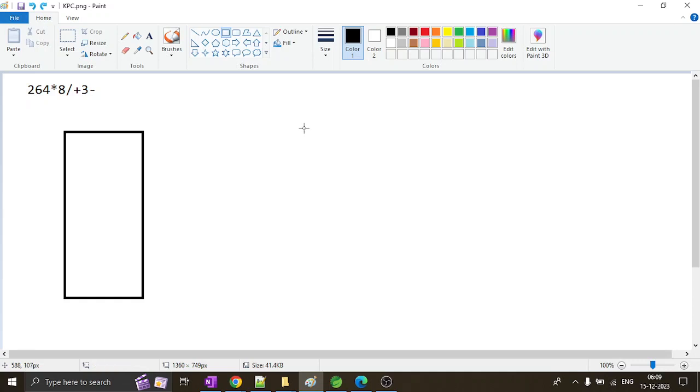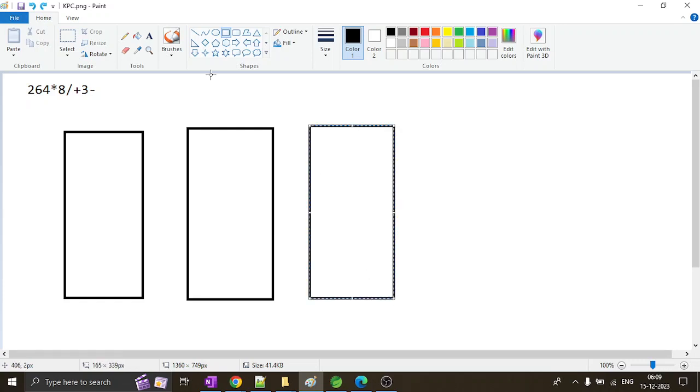So let me name those: this is the valuation stack, this is infix, and this is prefix, let's say.